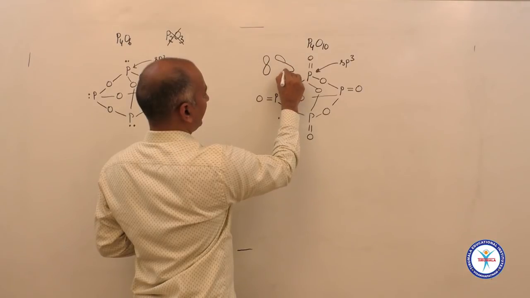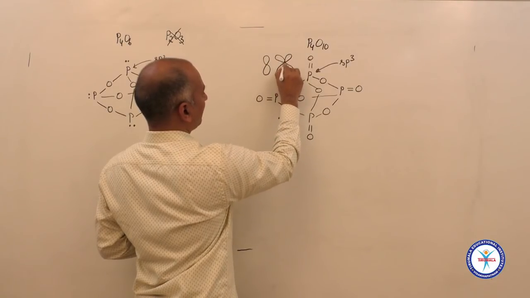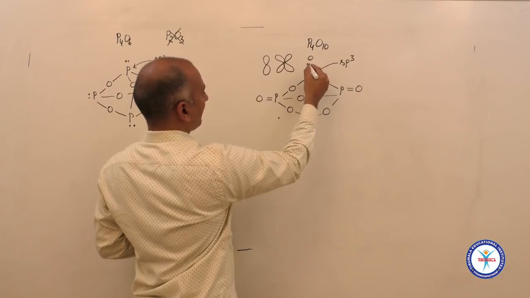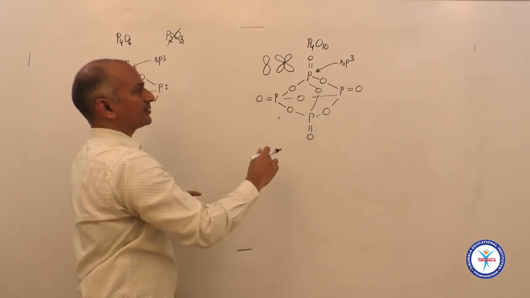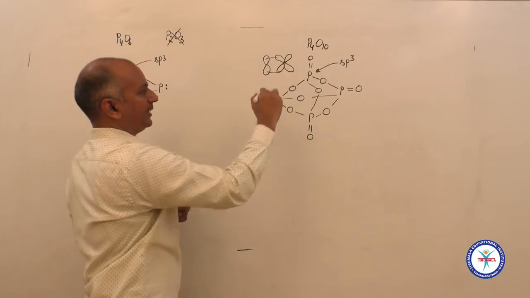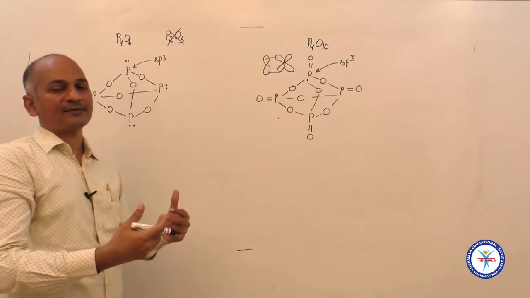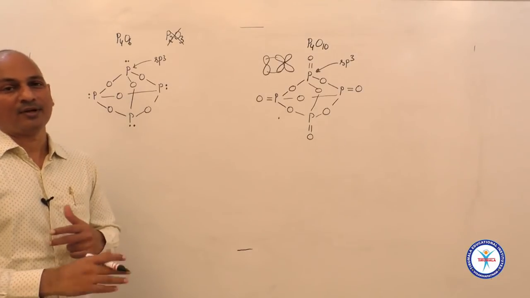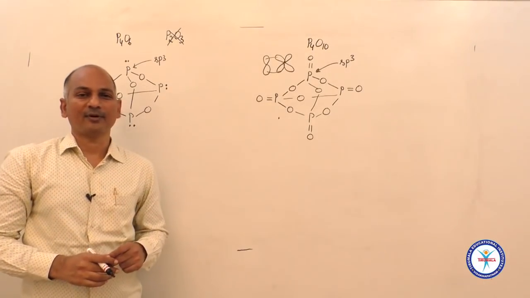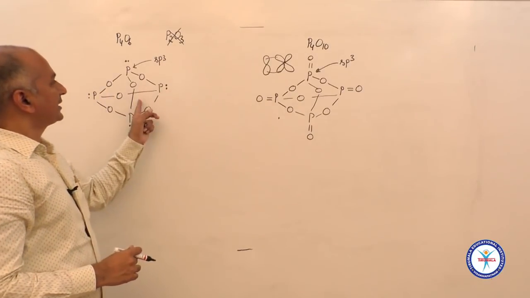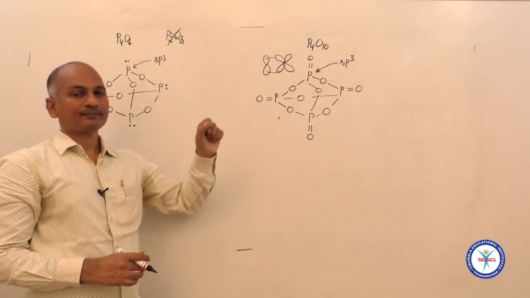It is P pi D pi. 2p of this oxygen forming laterally overlapping with 3d of this phosphorus. So it is a P pi D pi bond. Of course, phosphorus cannot form P pi P pi bond. There is no compound in which phosphorus is found to be forming that particular bond. Okay, so this is P4O6 and that is P4O10.